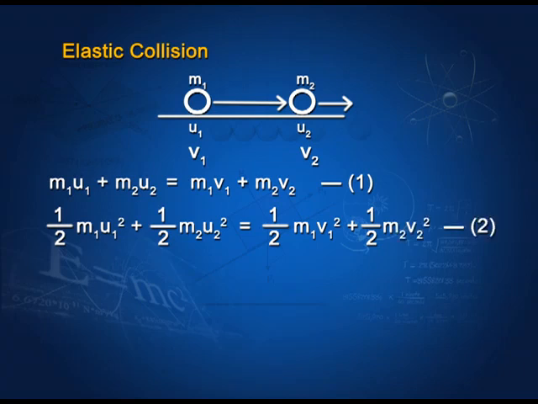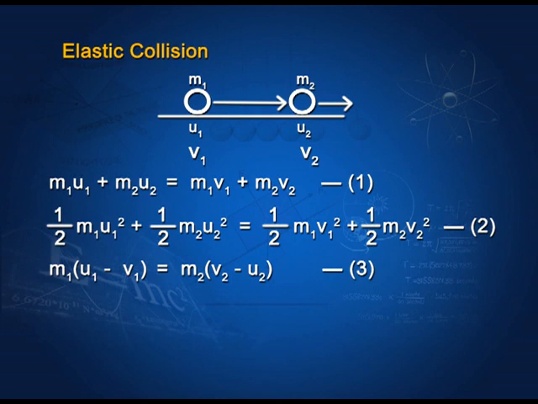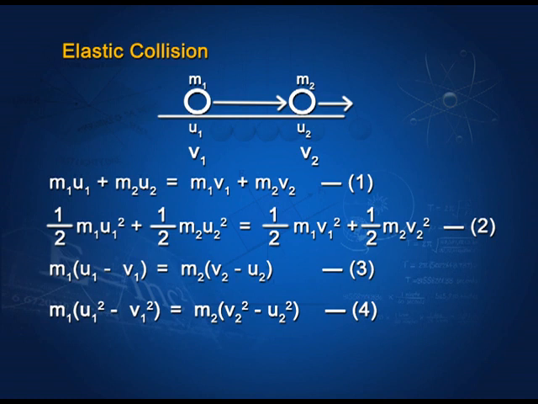Combining these equations, we could rewrite equation number 1 as m1 into (u1 minus v1) equal to m2 into (v2 minus u2). Let us call this equation 3. From equation 2, we can get m1 into (u1 square minus v1 square) equal to m2 into (v2 square minus u2 square), and let us say this is our equation 4.